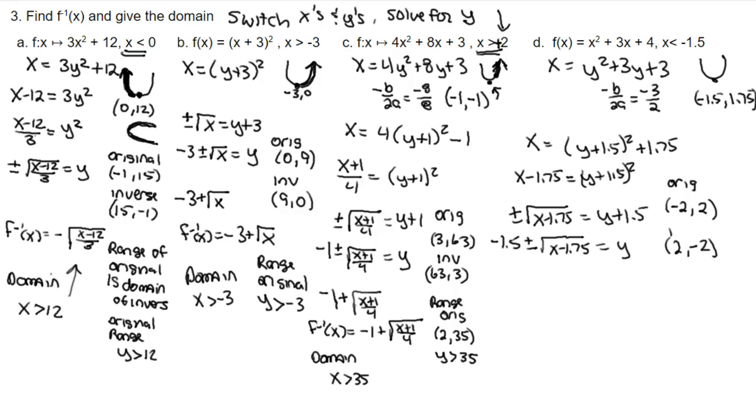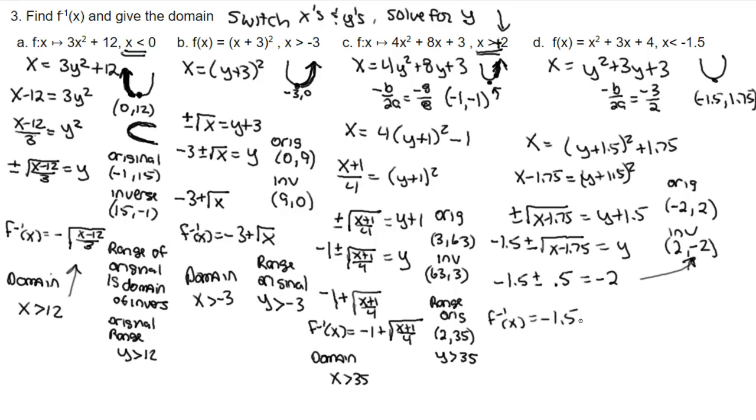So that means if I put a 2 in the inverse, then a negative 2 should come out. Well, 2 minus 1.75, when I do the square root, will be 0.5. So the question is, does negative 1.5 plus 0.5 equal negative 2? Or does negative 1.5 minus 0.5 equal negative 2?